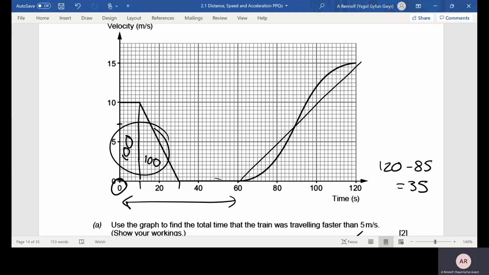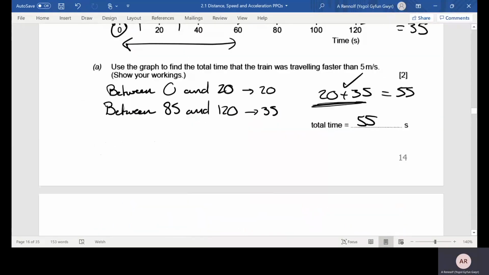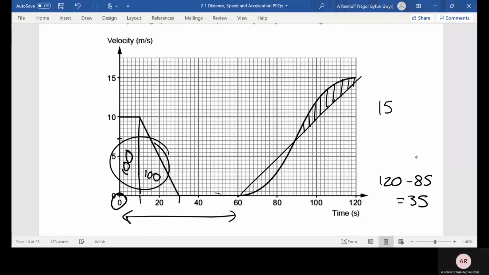Okay, so the reason that this estimation works is because we've actually got the same area there that we are adding to our curve as we are taking away under there, if my line was straight, but you get the idea. So really what we're doing is we're working out the area of the triangle there, which has a height of 15 and a base of 60.